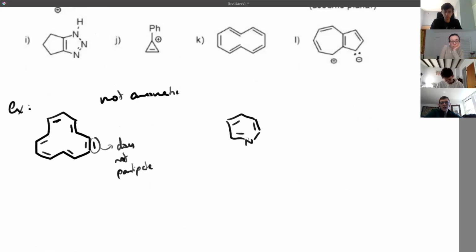When you have this nitrogen, it's sp2 hybridized, and it has this lone pair, right? But its p orbital is already bound up here. The better way to draw this is if I drew it like this, and this is the much more typical way of drawing this molecule.